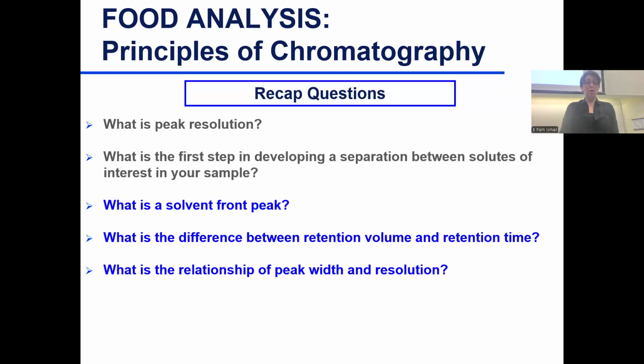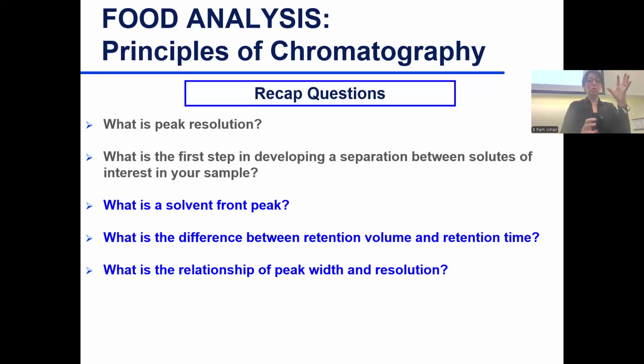All right. So what is the difference when you hear retention volume versus retention time? And which one is more commonly used? Very good. You answered the second half of the question. Yes, retention time is the one most commonly used, but what is the retention volume?